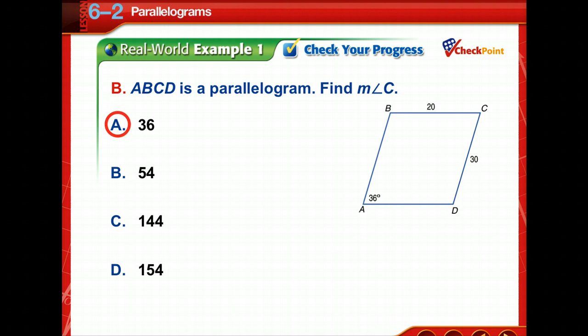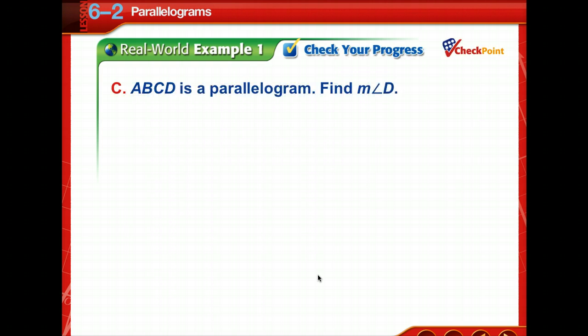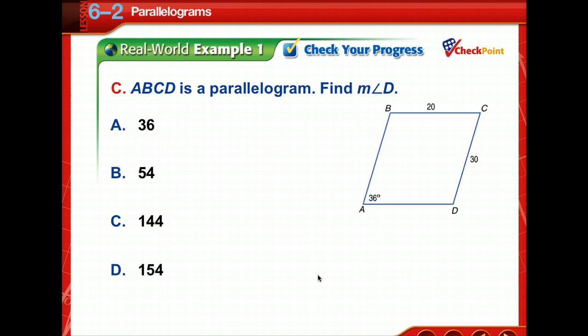We know that opposite angles are congruent so that we know the measure of angle C has the same measure as angle A. So measure of angle C is 36. Let's do another. The measurement of angle D is supplementary with the measure of angle C. Angle C is 36. So 180 minus 36, the measure of angle D is 144.